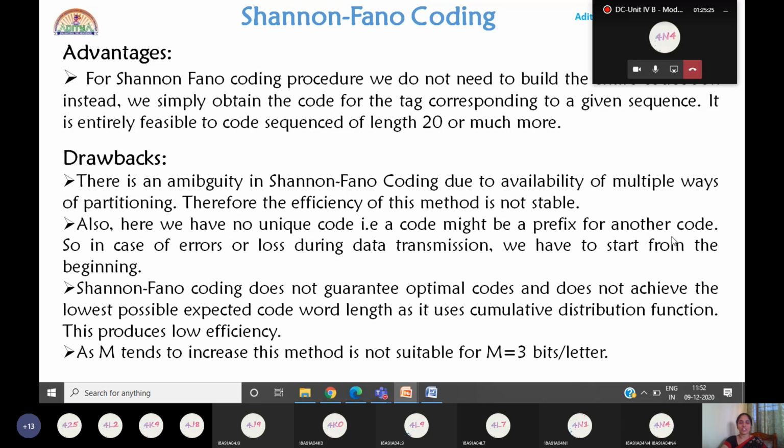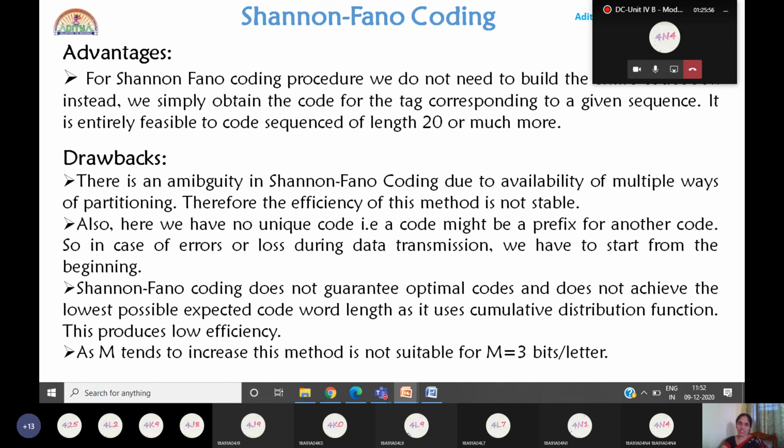Okay, this is all about the Shannon Fano encoding process. I think you are clear now. You can take any one example: first you represent all the messages in decreasing order, and next partition the first set into equiprobable or approximately equiprobable subsets. If m is 2, assign 0 to the upper subset and 1 to the lower subset.